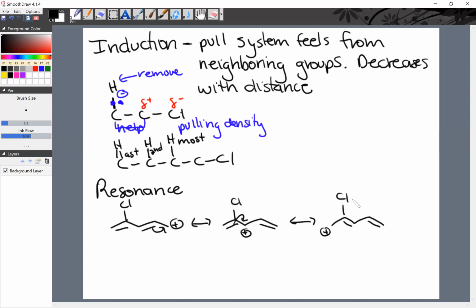They wouldn't all be equal, but you still get those resonance effects because you have a pi system. So that's the difference between the resonance and the induction. And now we just have to decide who is doing what, or can they do both?